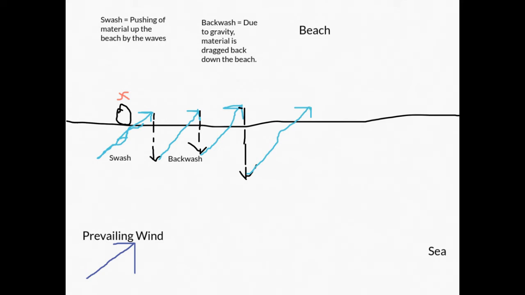This entire process along here, in a nice light green, is our longshore drift. It's the movement of sediment along. So we'll see this rock here, X, being pushed up the beach, dragged back down, pushed back up the beach, dragged back down, pushed back up.